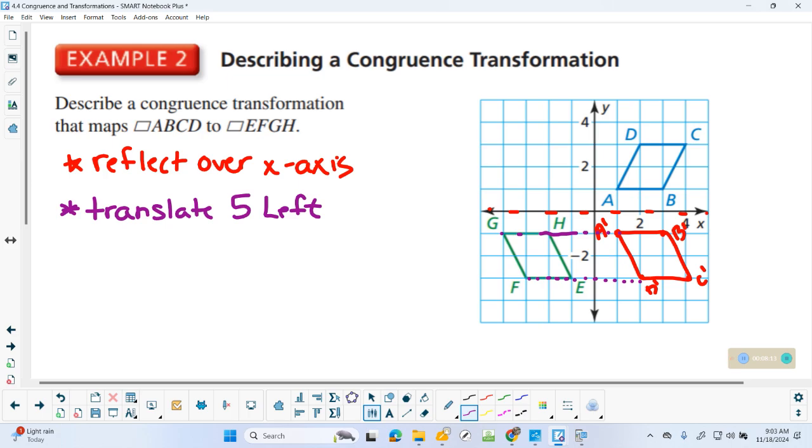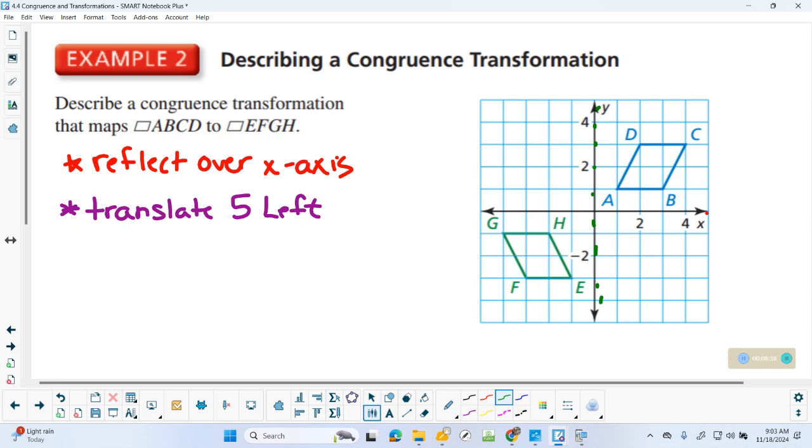Now, there is another option. There's always more than one way here. So let me ask you this. Let me erase all my markings here because, of course, I made a big mess on this picture. Hang on. So this is what makes this so fun when we're checking the answers to these, because there is more than one way to do it. Meaning, you could reflect it over the y-axis.